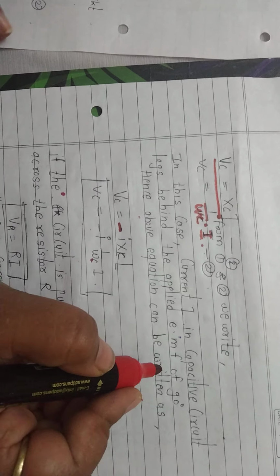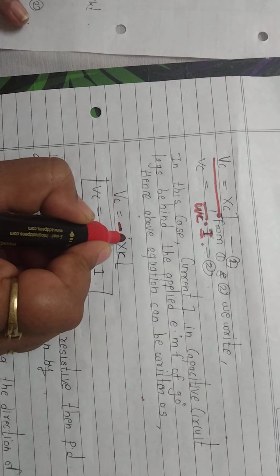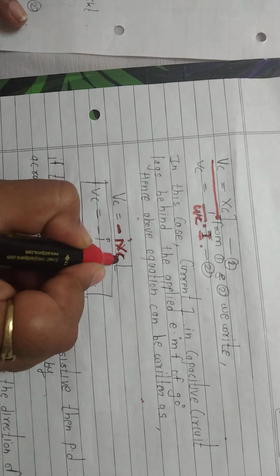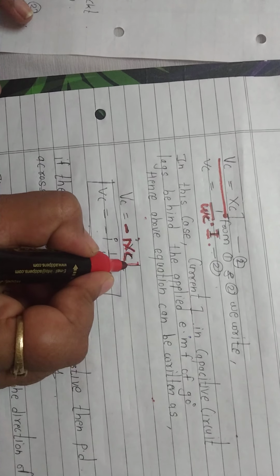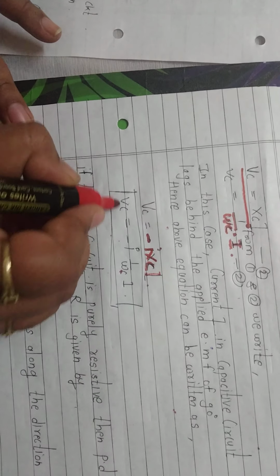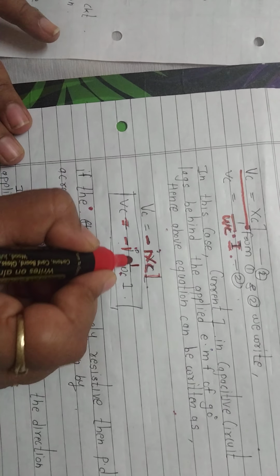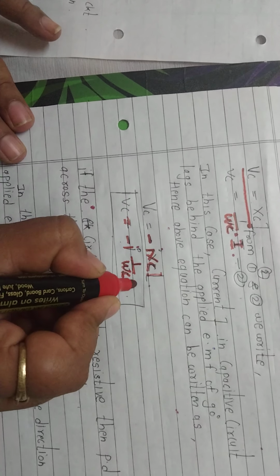So VC is equal to minus i XC I, which gives VC equal to minus i times 1 by omega C into I.